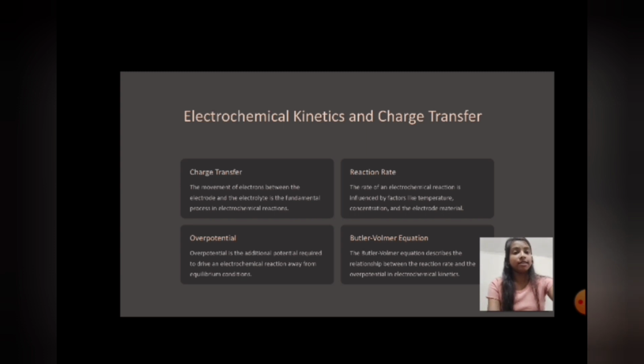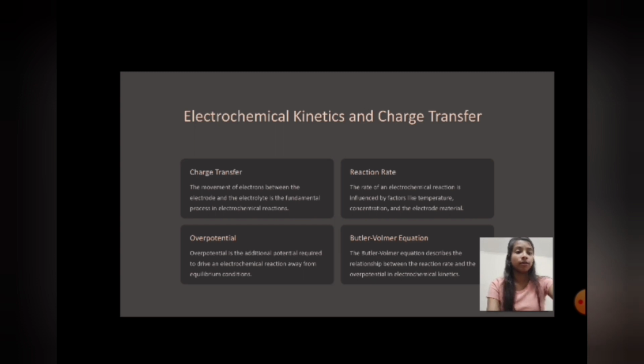Electrochemical kinetics and charge transfer. Charge transfer, the movement of electrons between the electrode and the electrolyte, is the fundamental process in electrochemical reactions. Overpotential. Overpotential is the additional potential required to drive an electrochemical reaction away from equilibrium conditions. Reaction rate.